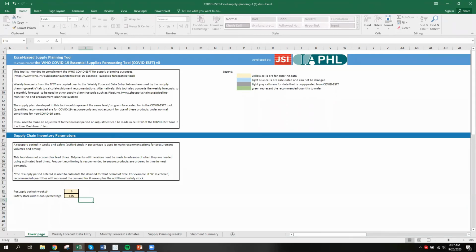So this tool is not recommended for any other program, not only because the inventory management practices aren't meant for programs that are more chronic, or where the needs are there consistently, but also because the products that we've listed here are not those that other programs typically use.